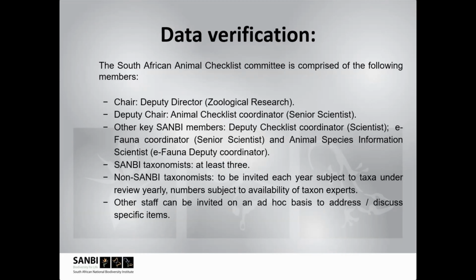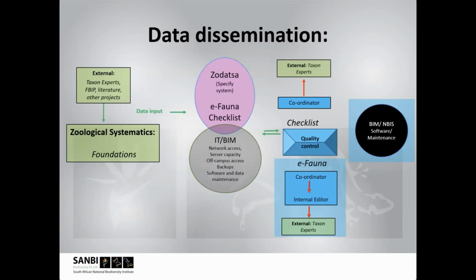And for data verification, the checklist committee was elected, and it includes the members listed below. The main responsibility of the committee is to verify and approve the checklist before it's published. And for data dissemination, the Biodiversity Information Management team is currently working on the information system, NBIS, which is going to house all the data sets.